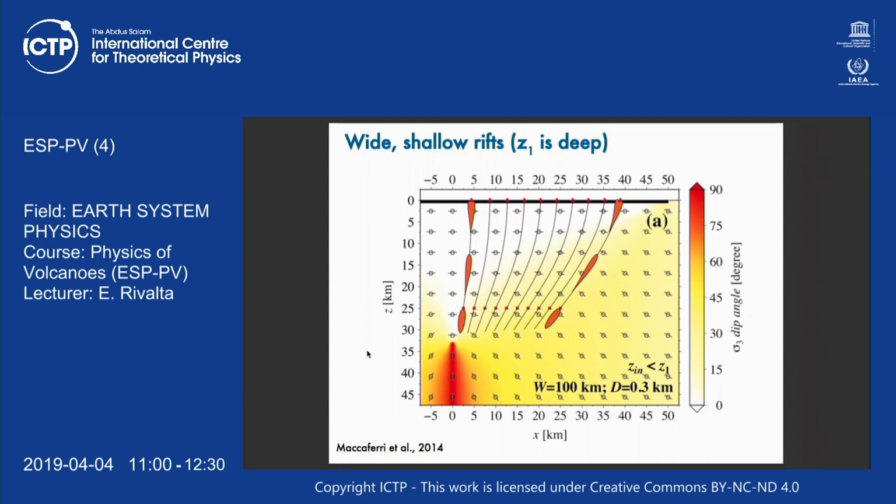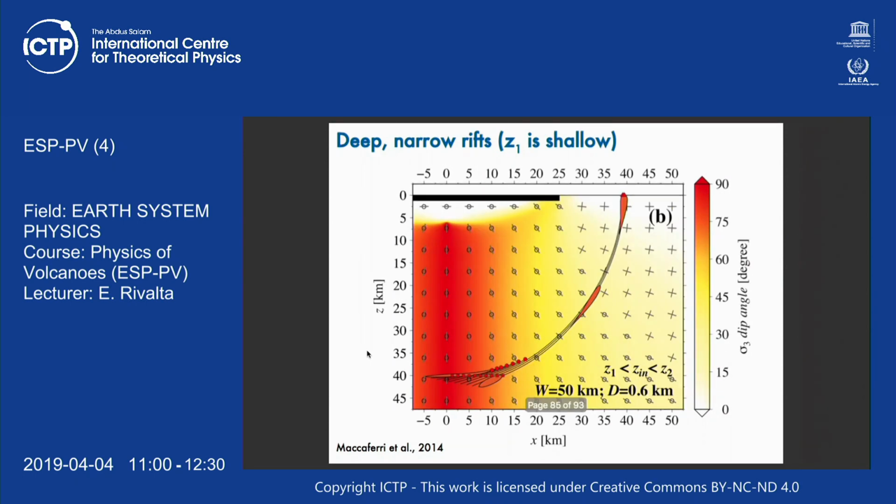If you have a very wide and shallow rift, like in Iceland, you have a 300 kilometer wide rift and very shallow, you don't go very deep in the rift. And actually all volcanoes are there, and you remember the map of Iceland with the fissures? You have several grabens and several fissures all within the rift system.